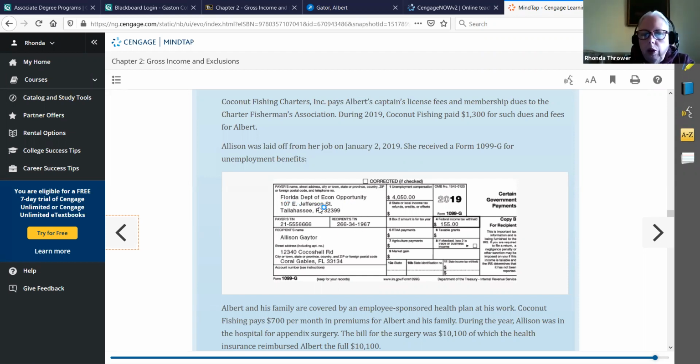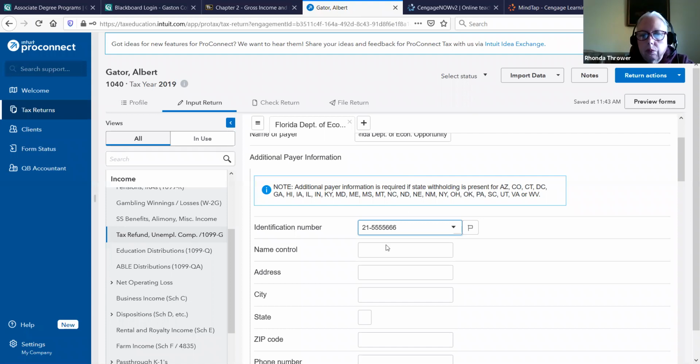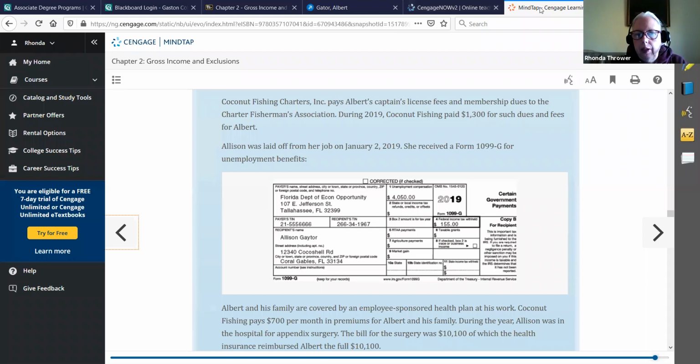Okay, and the address was 107 East Jefferson Street. And the city was Tallahassee.